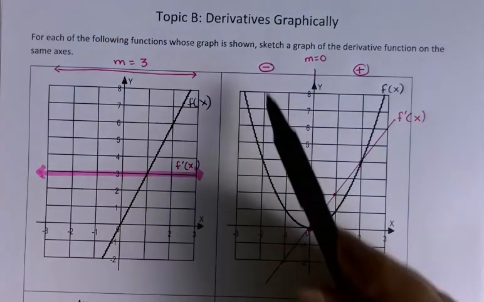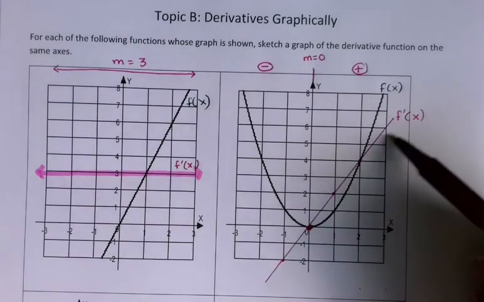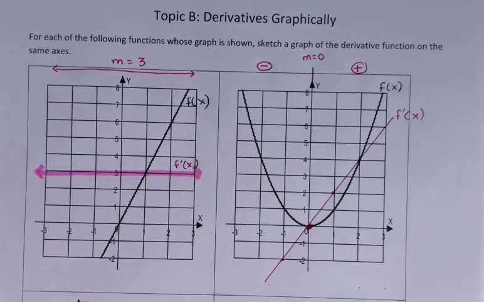And indeed, right, it's negative on this side, negative values, positive values on this side, and 0 right there at the vertex. We're going to use the same kind of thought process to work with graphs of functions that we don't necessarily know the equations of, like we had the advantage of knowing here.